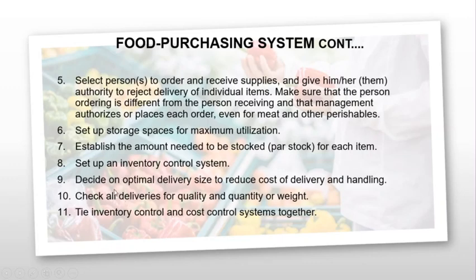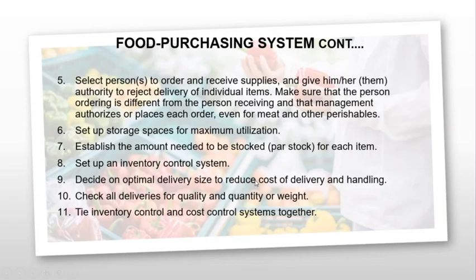Okay, yang ke-9 is you need to decide on optimal delivery size to reduce cost of delivery and handling. Maksudnya you have to decide, you kena buat keputusan bila you nak hantarkan penghantaran bahan makanan tu, kalau boleh you try untuk reduce cost.